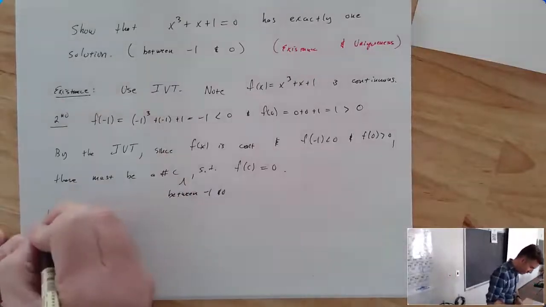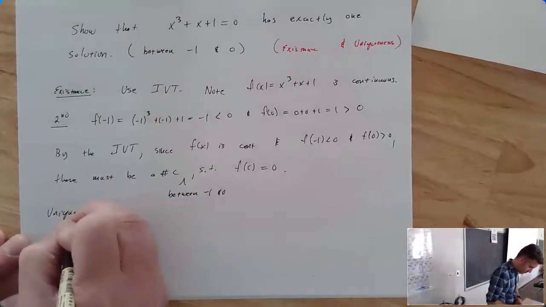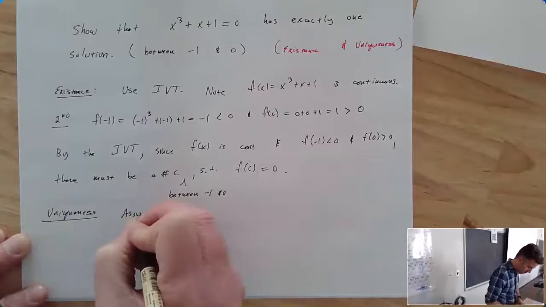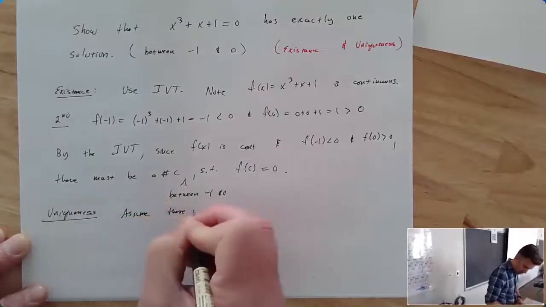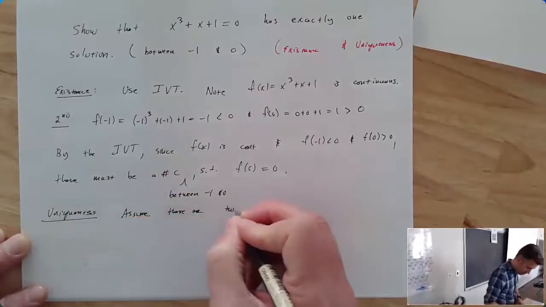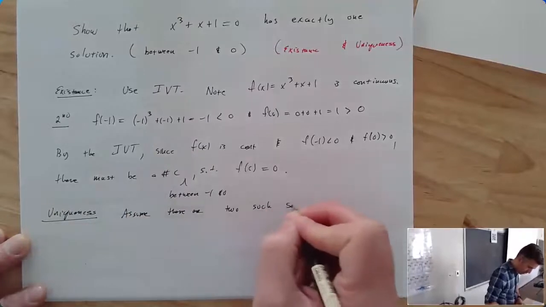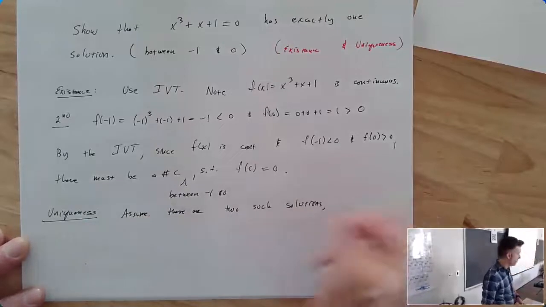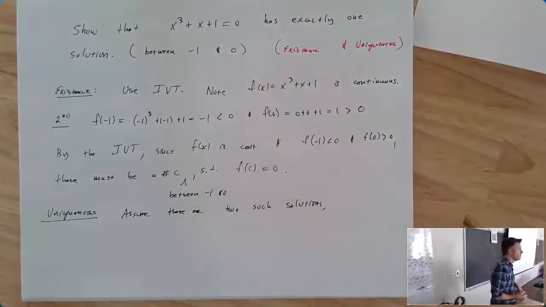So for the uniqueness part, we're going to assume there are two such solutions. Call them A and B. Even though we call this other one C, I know.